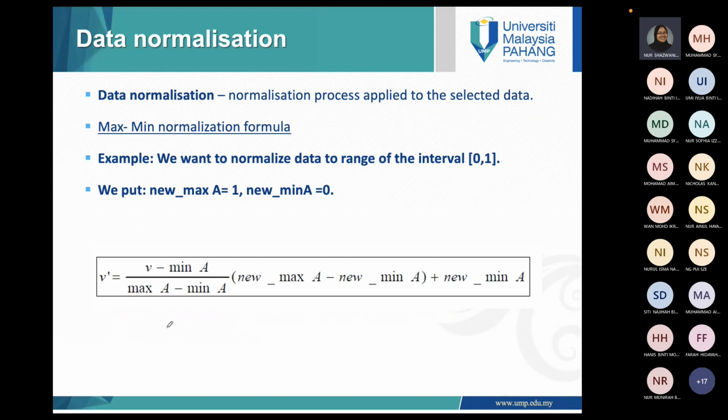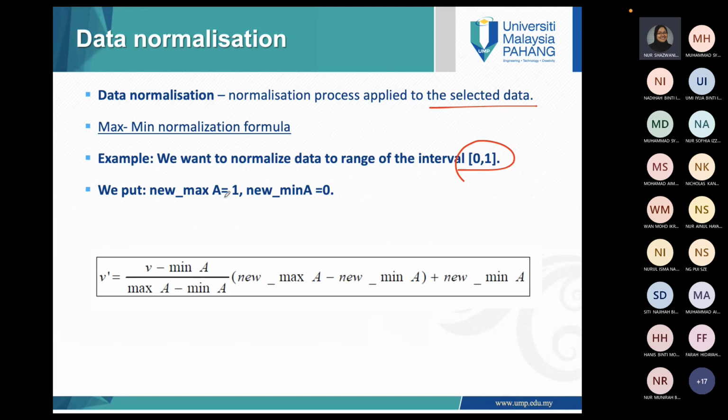Then data normalization. Data normalization is basically a process to apply normalization on the selected data. So we have the maximum and minimum normalization formula here. For this formula, let's say we want to normalize data to range between 0 and 1.